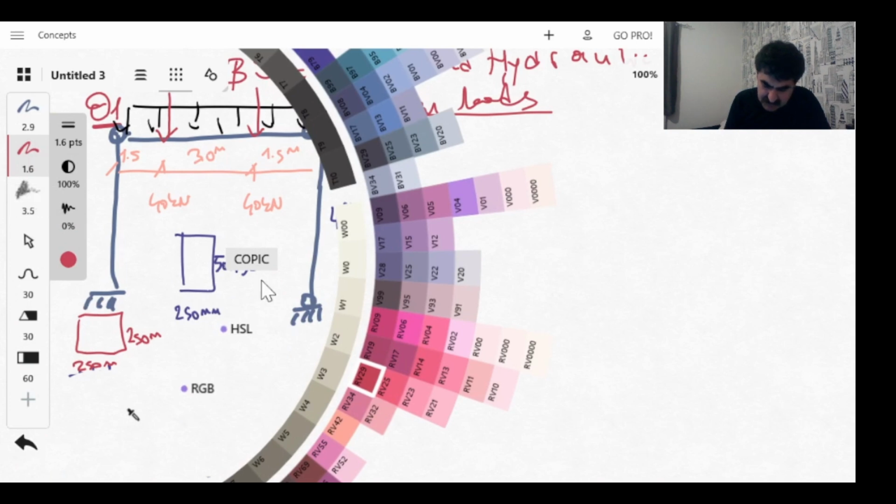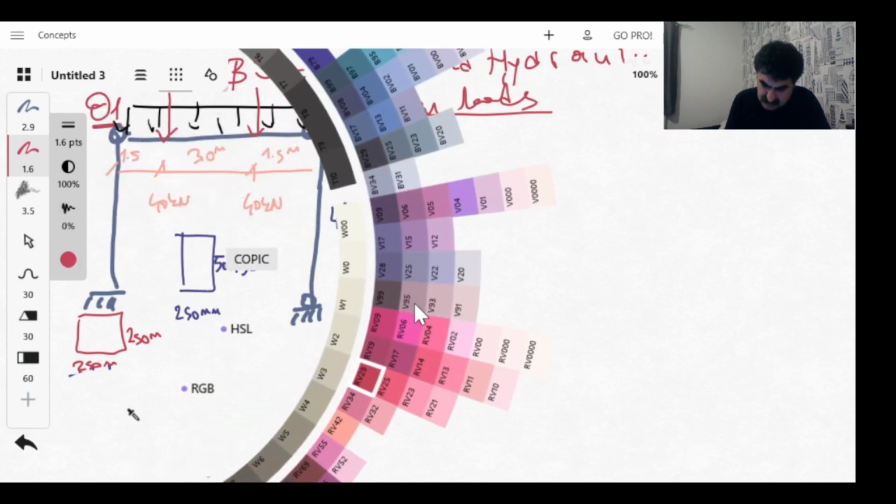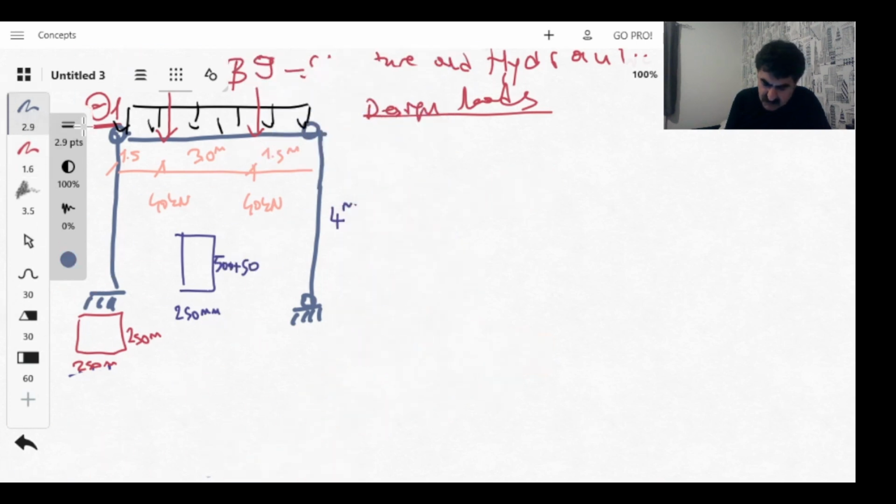Let me take another color, maybe this one. So this one is okay. Okay, so distributed design load.